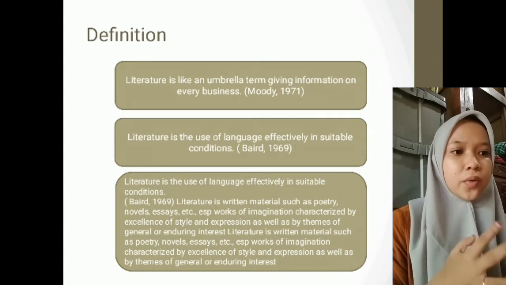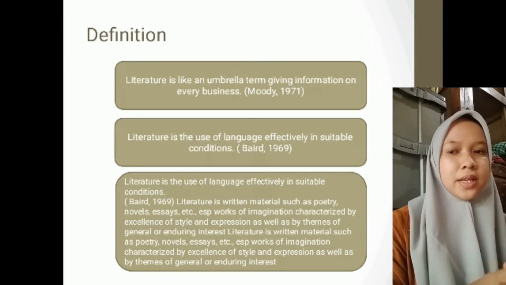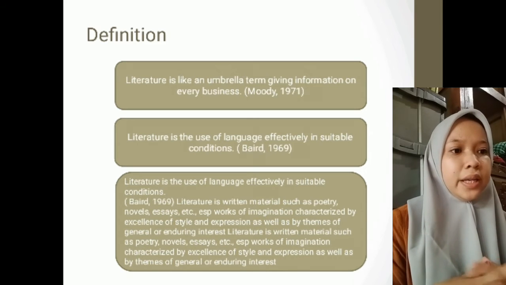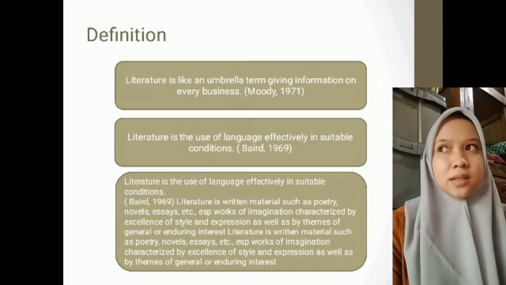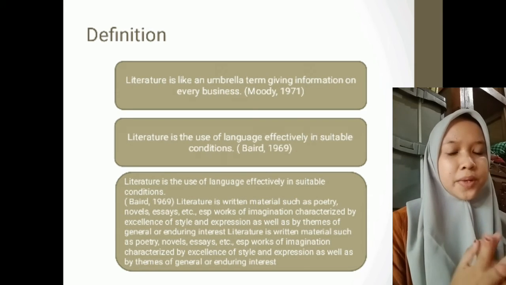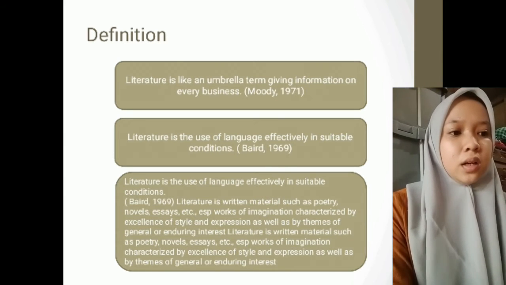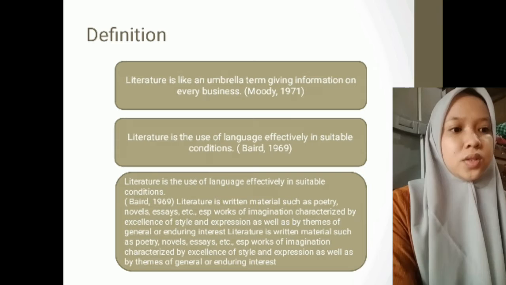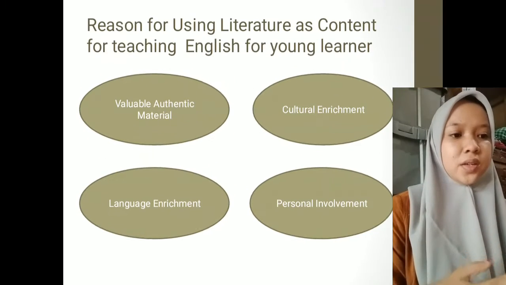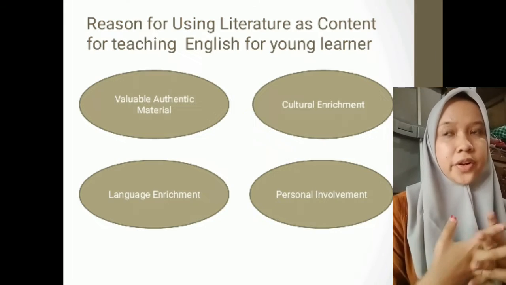Literature is written material such as poetry, novels, essays, and etc. Especially works of imagination characterized by excellence of style and expression, as well as by themes of general or enduring interest.